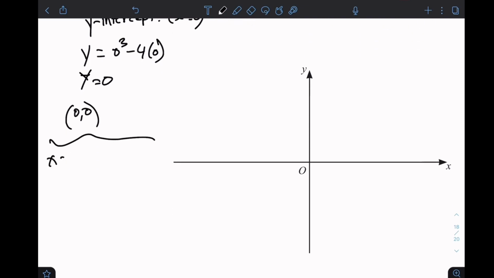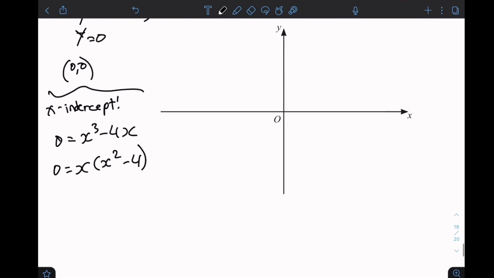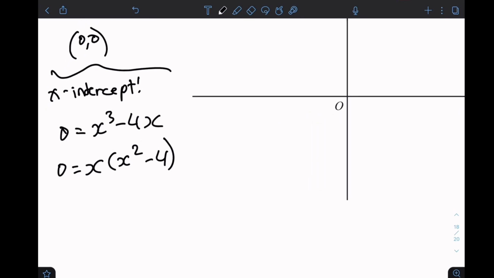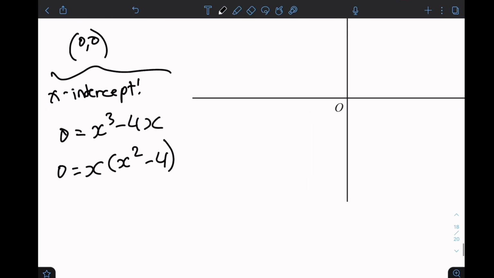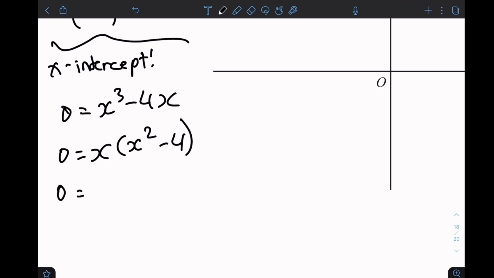So x-intercept, it should be 0, which is equal to x cubed minus 4x, so 0 equals x times (x squared minus 4).